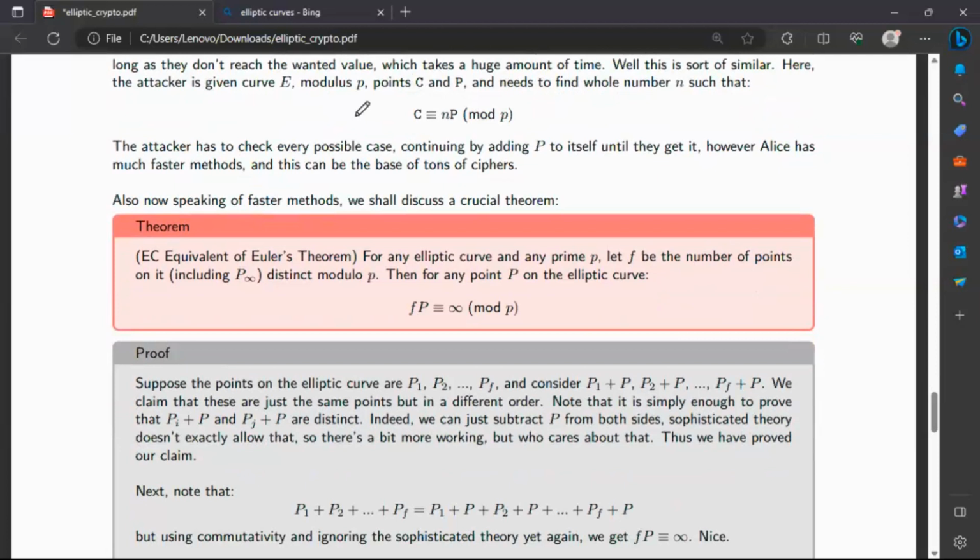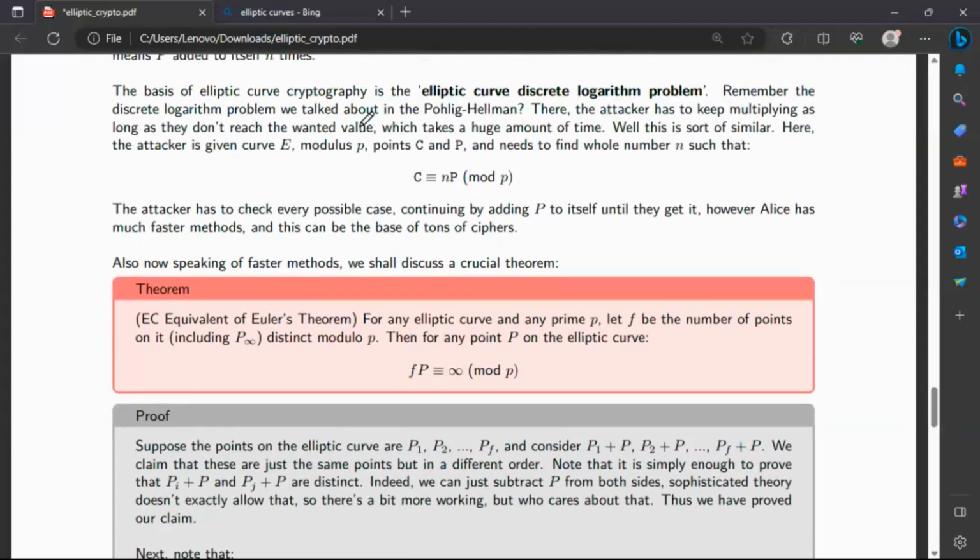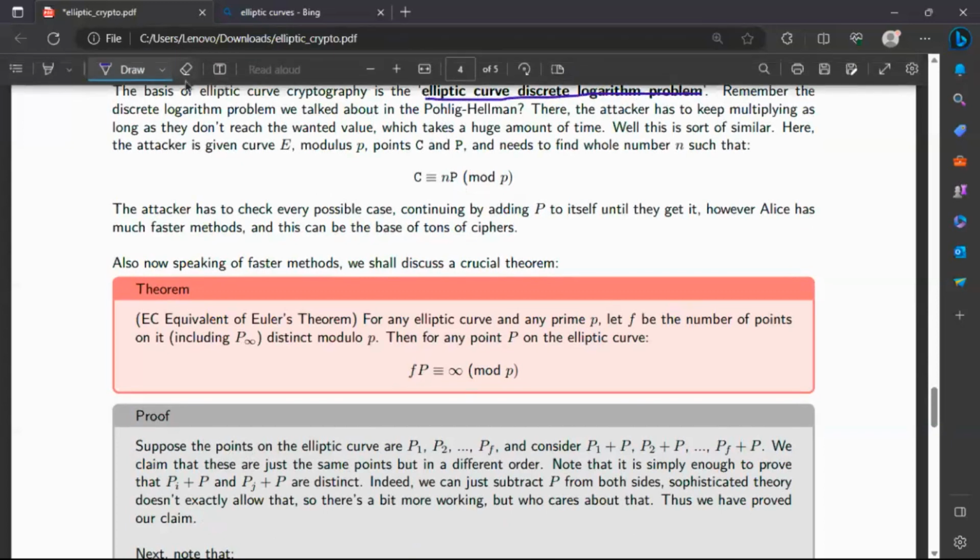What Alice does is compute nP modulo p and let it be the ciphertext. The attacker has to keep adding P to itself until he or she gets the ciphertext, which is again very troubling for the attacker, just like the discrete logarithm problem. That's why it's called the elliptic curve discrete logarithm problem.